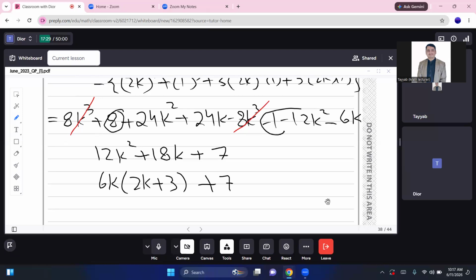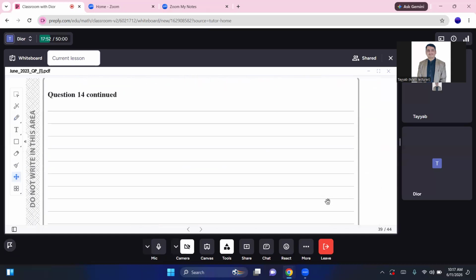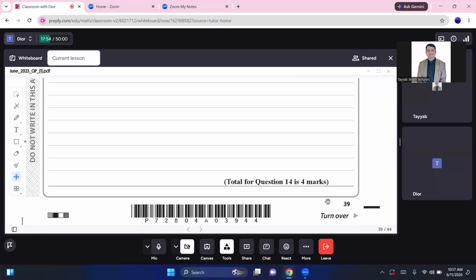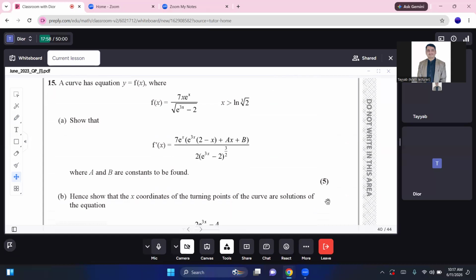This is again odd because this one is an even number plus an odd number. So the final answer is odd. So this is exactly what we wanted to prove. So (n plus 1) cube minus n cube is always an odd number. Good. Okay, could you try this one, please?